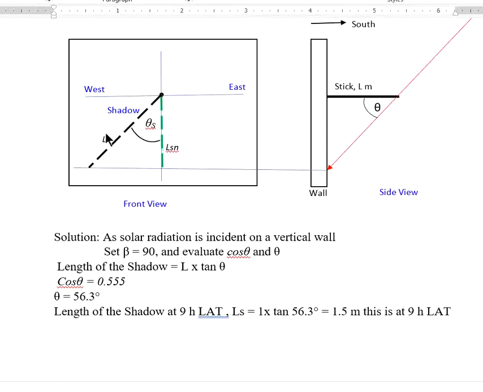Now how can we describe this angle? We cannot describe it with respect to south, because south is in the depth and north is on top, perpendicular to the paper. Only east and west can be identified. So 90 minus 44, that is 46 degrees from west, is the shadow location.